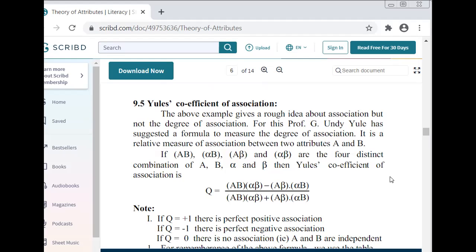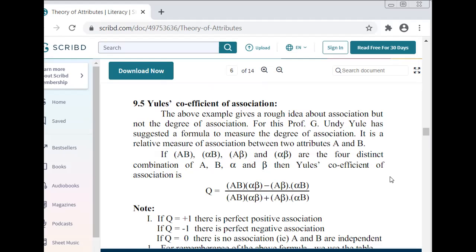The frequency of AB, frequency of alpha B, frequency of A beta and frequency of alpha beta are the four distinct combinations of A, B, alpha and beta. The Yule's coefficient of association is Q equal to, what is the formula?